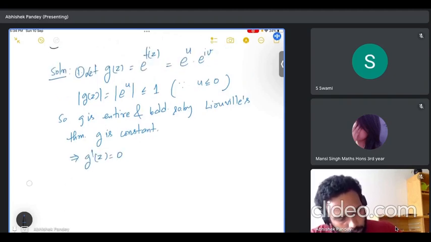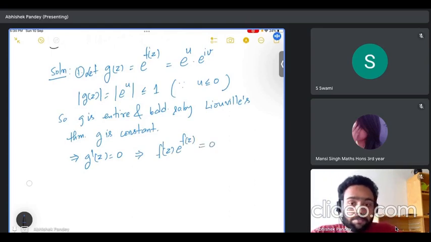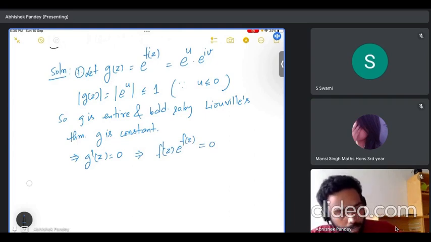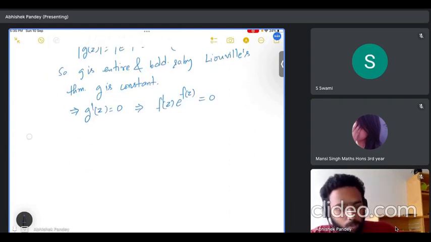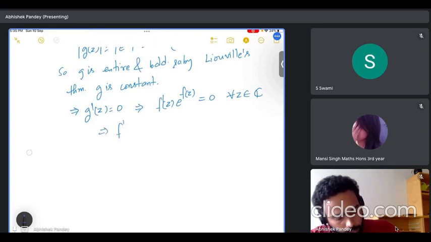So this implies f'(z) e^f(z) is 0. So since e^f(z) is never 0, f'(z) has to be throughout 0. So this implies f' is identically equal to 0, and this implies f is constant.